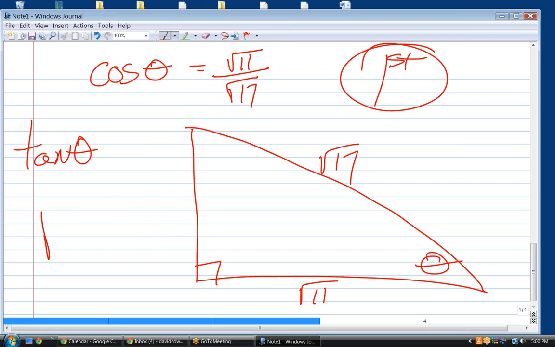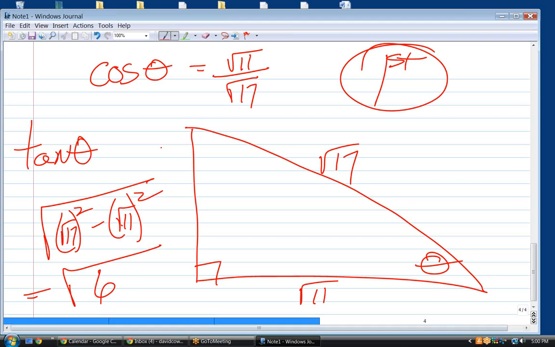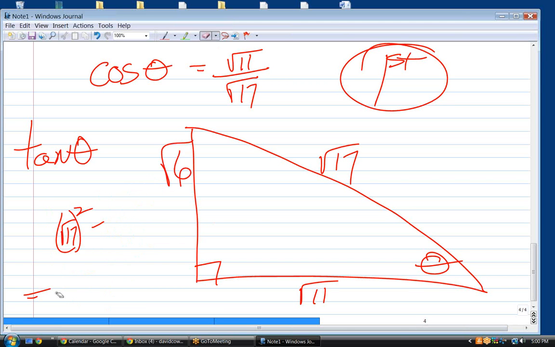In other words, it's the square root of the square root of 17 squared minus the square root of 11 squared, which is the square root of 6. Now you can give them any trig function they want. You could do any of the 6 trig functions now that you have this triangle fully dimensioned.